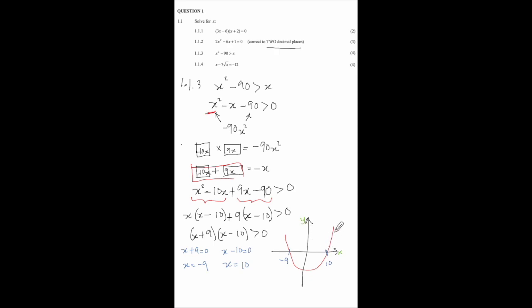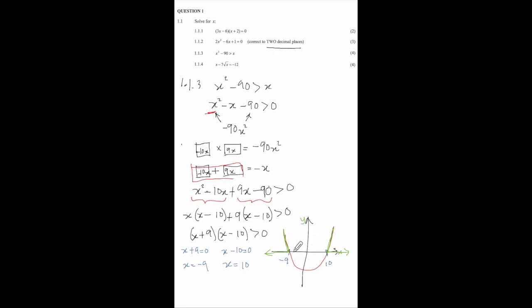The part of the graph above the x-axis is this part here, and from this point up there, this part is also above the x-axis. So the corresponding x values for this side, I would be starting from here, going all the way to the right, and then from here going all the way to the left.